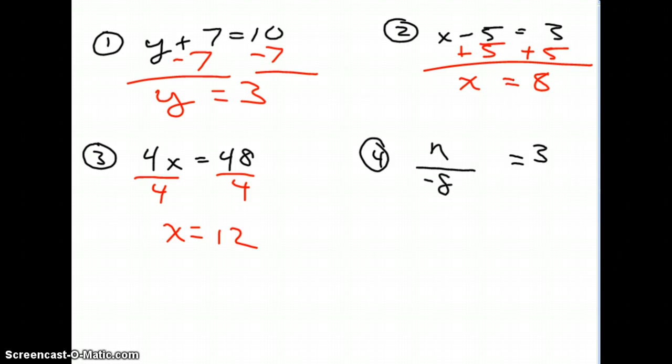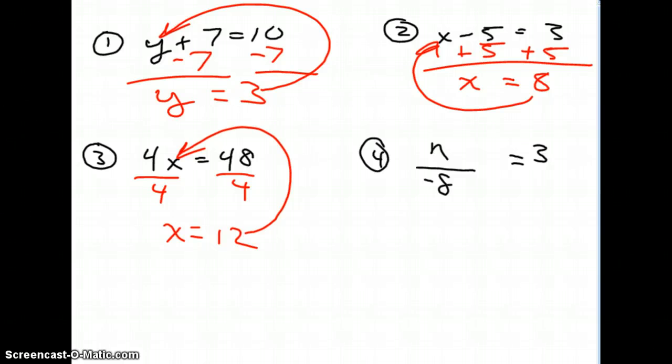Good job. And then, of course, you can check these, right? By just plugging it in, right? 4 times 12 is 48. You can take every solution and substitute: 3 plus 7 is 10. And then 8 minus 5 is 3. So always at least take a little mental check of your answer.